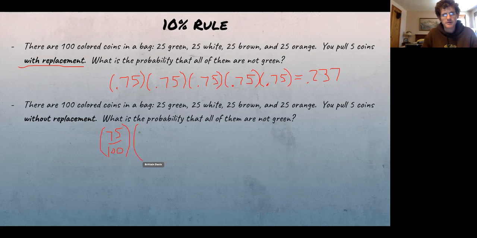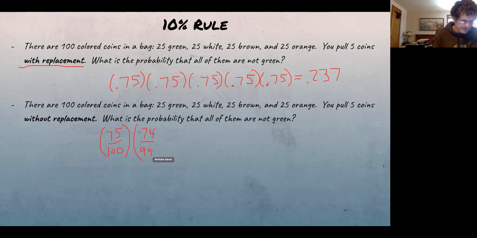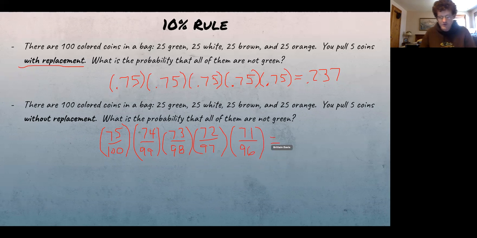And what's the next probability? 74 out of 99. All right, and just to finish this off, 73 out of 98, 72 out of 97, and 71 out of 96. So we can multiply this and figure out this probability.